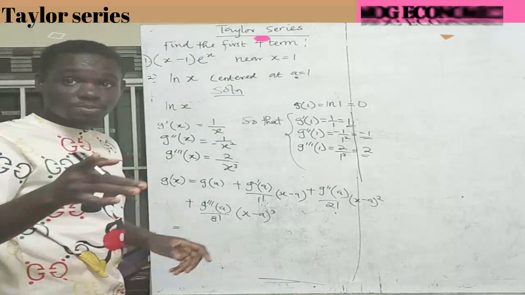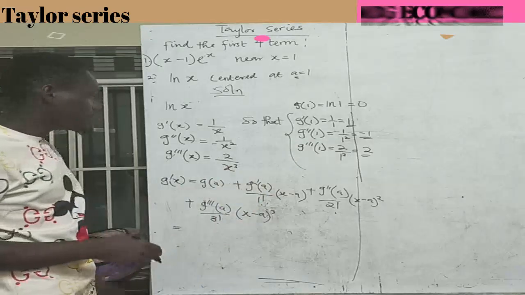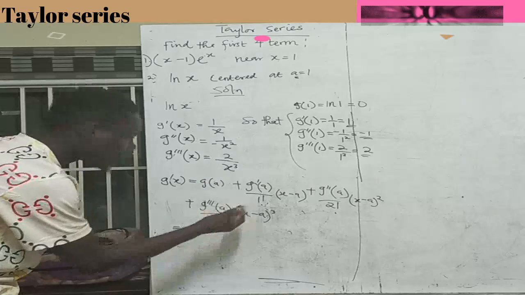So here we can start inputting our values. This is 0, so automatically this drops out, and we don't have to write that.